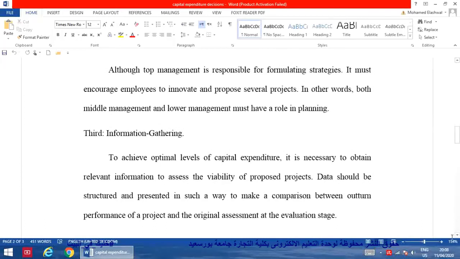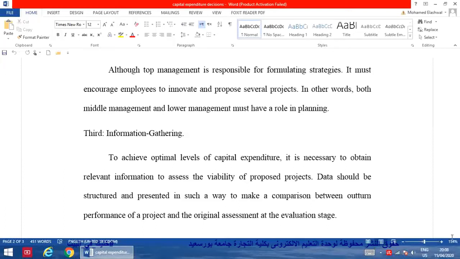Although top management is responsible for formulating strategies, it must encourage employees to innovate and propose similar projects. In other words, both middle management and lower management must have a role in planning.